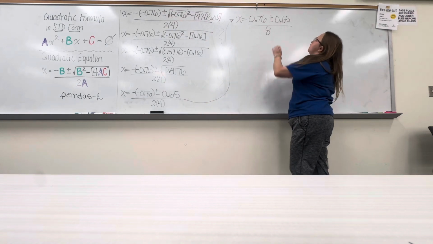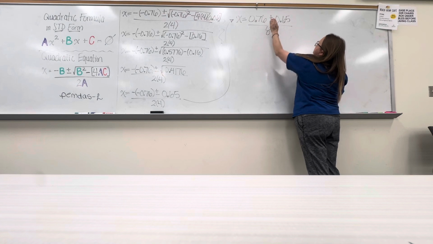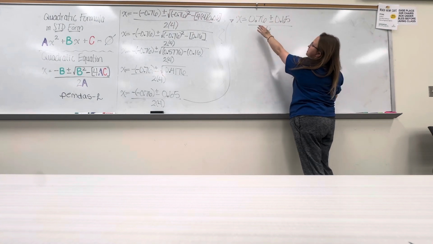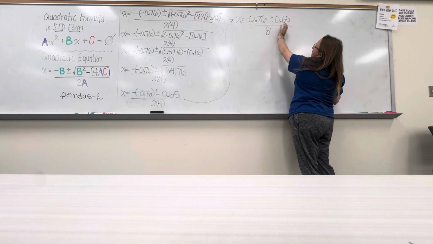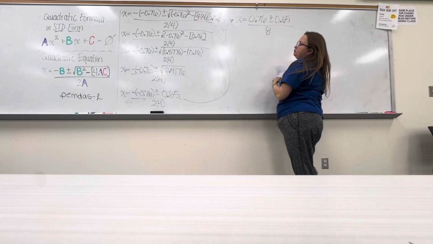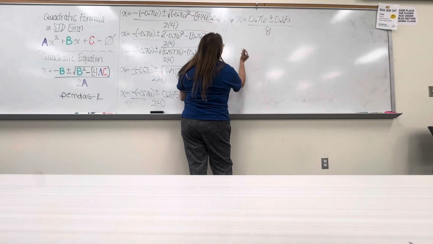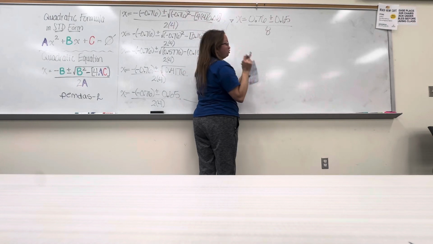Okay, so you know that this is a double operator. You're gonna have to do this twice. You're gonna have to do 0.76 plus 0.65 over 8, and you're gonna have to do the subtraction, okay? So you're gonna have 2 values of X.